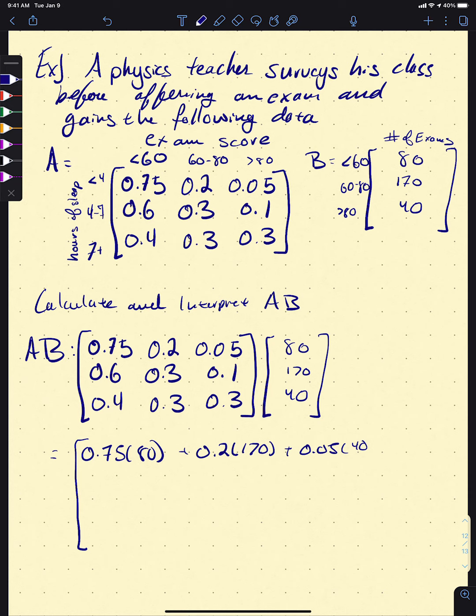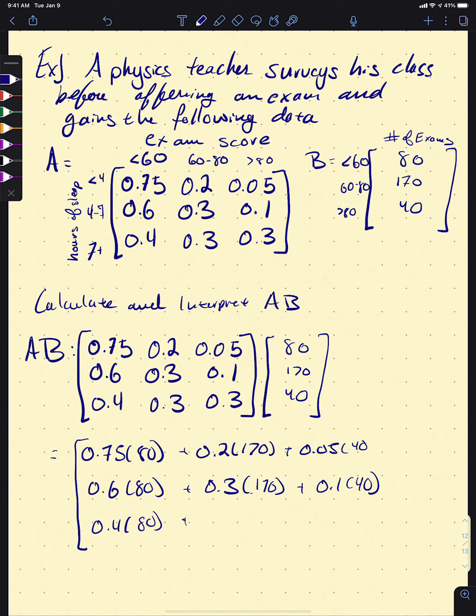Okay. Then our second row is going to be 0.6 times 80 plus 0.3 times 170 plus 0.1 times 40. And our last row is going to be 0.4 times 80 plus 0.3 times 170 plus 0.3 times 40.